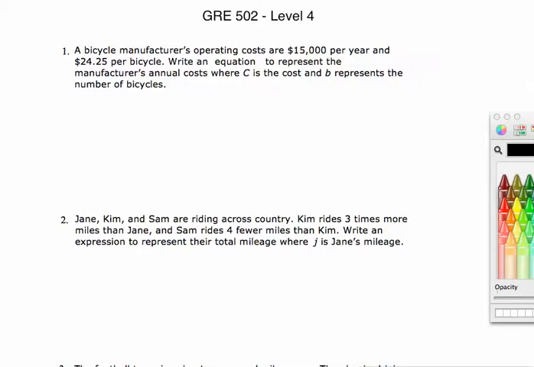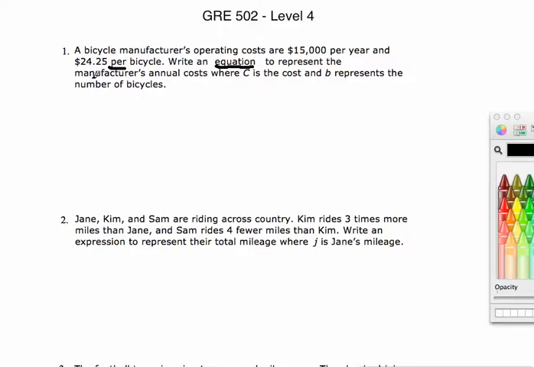So let's move on to some problems. A bicycle manufacturer's operating costs are $15,000 per year and $24.25 per bicycle. Now, whenever you see this word, it's important: per bicycle. Write an equation, so that's going to have an equal sign, to represent the manufacturer's annual costs, where C is cost and B represents the number of bicycles.